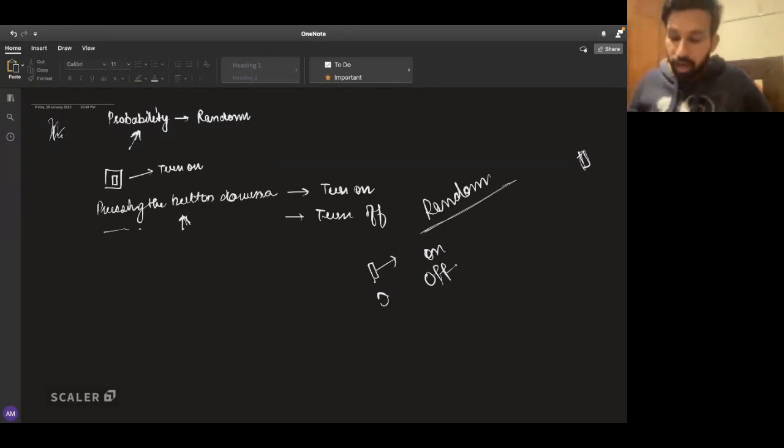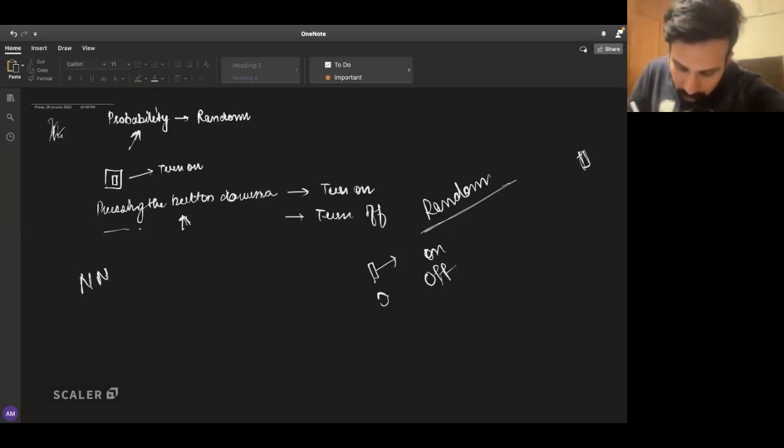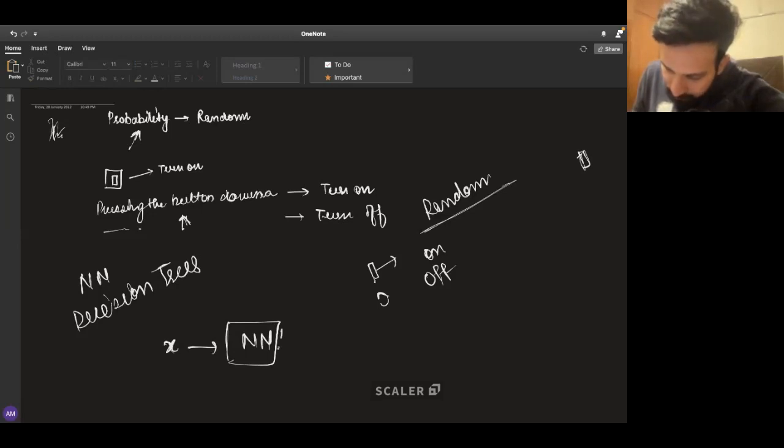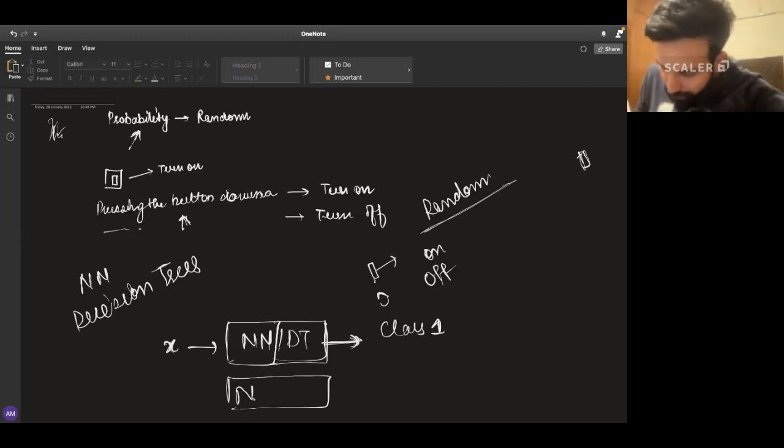Oh, so okay. When I say a neural network or a decision tree is deterministic in nature, what I mean is that if you have an input X and you pass it to an NN, or let's say a decision tree, and it says the output is, let's say, class 1, when you run it again on the same NN or same DT, will it give some other class or class 1 only?